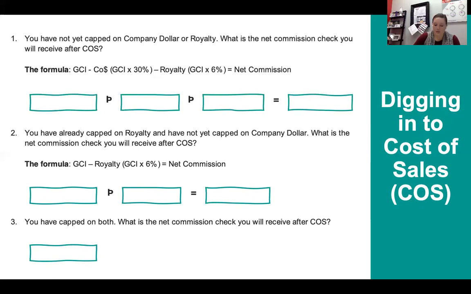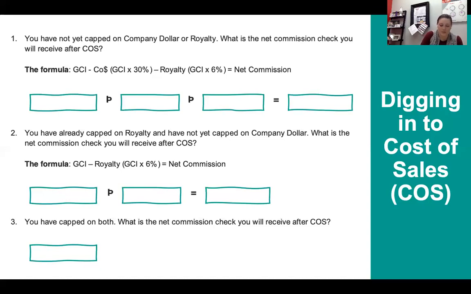So in our first box, we have $4,500 as the total gross commission. Then we're going to subtract out, with my handy dandy calculator, 4,500 times 0.3, which is 1,350, minus then the 4,500 times 0.06, which is 270.